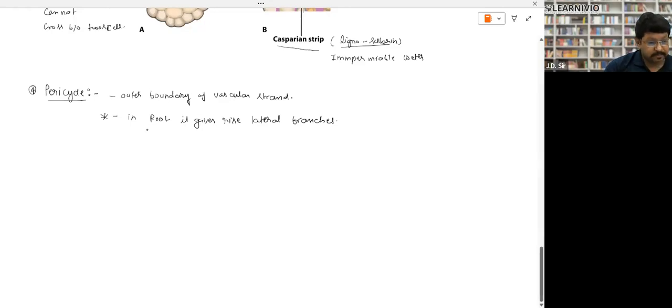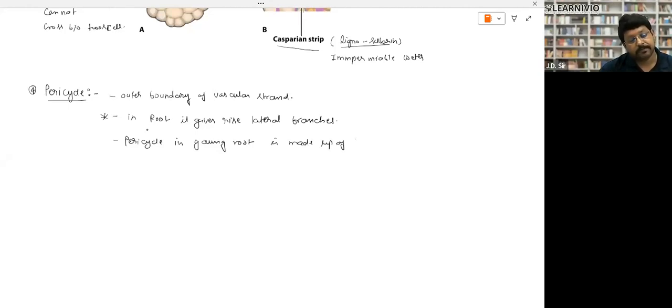The pericycle in young root is made up of thin walled cell, right?